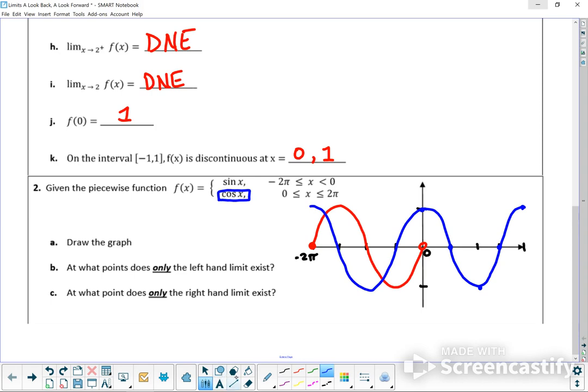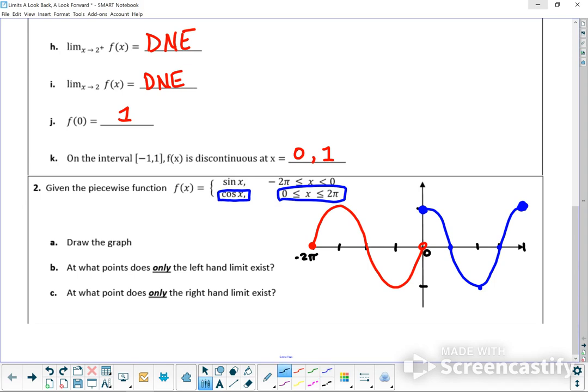But in this case, we only want it between 0 and 2 pi, which means that anything on this side right here is gone, and we only want that side. Reading through this, we want it to equal 0 right there at x equals 0 as a big old fat dot, and at 2 pi we also want a big old fat dot. Okay, that's our function.